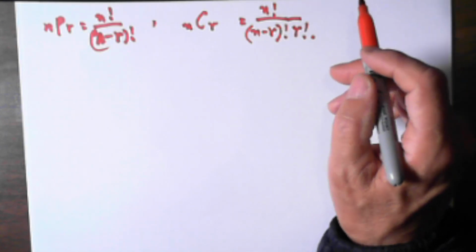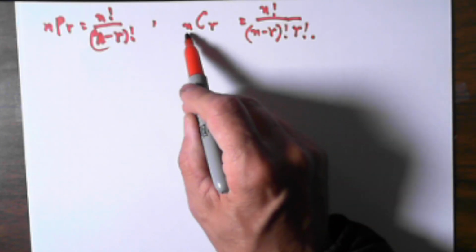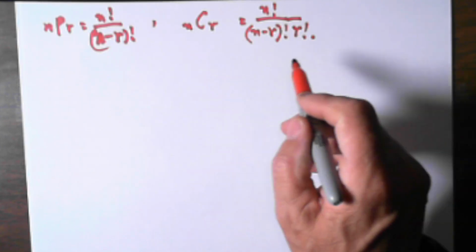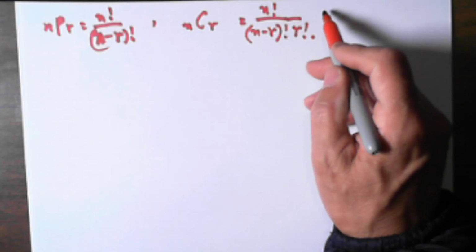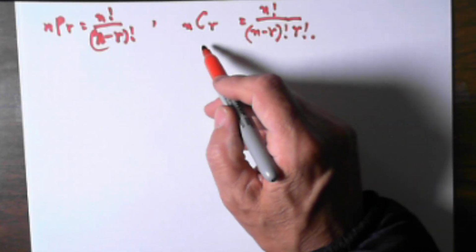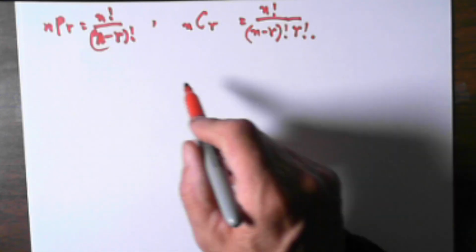Here we can see when you have nCr, if we multiply each side by r factorial, the r factorial will be cancelled, and then it will be the same as nPr.